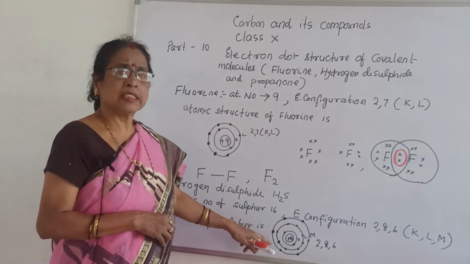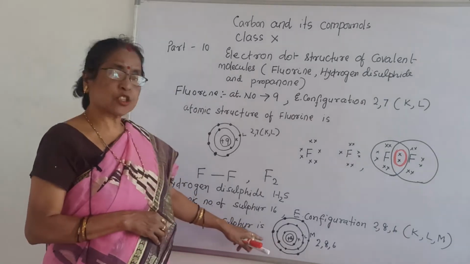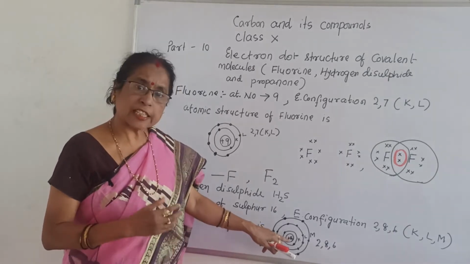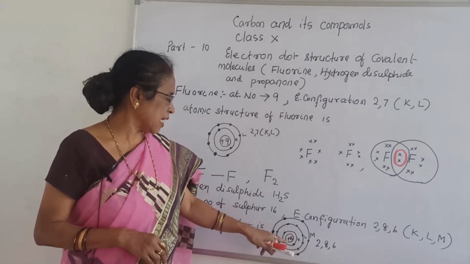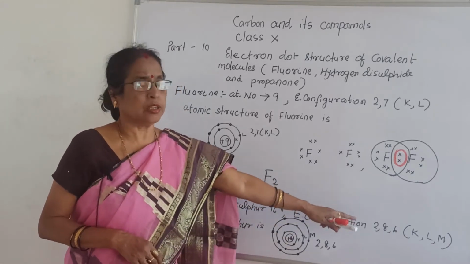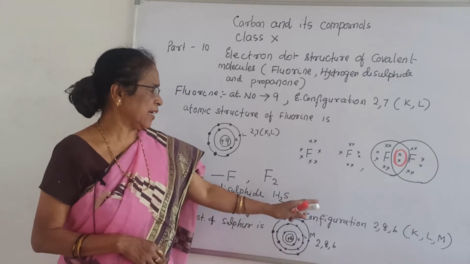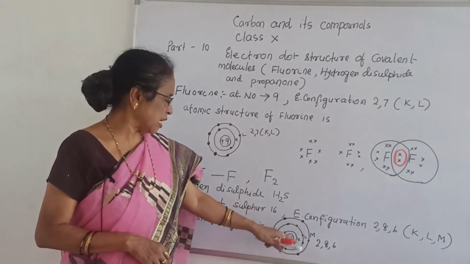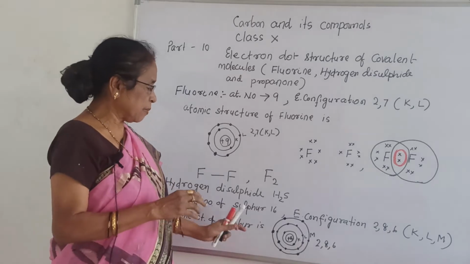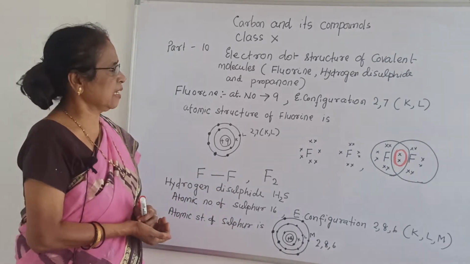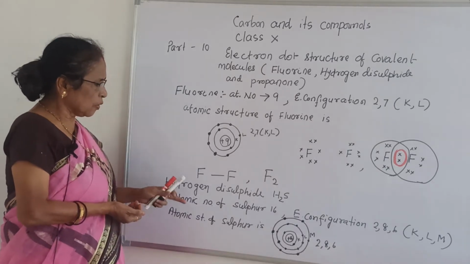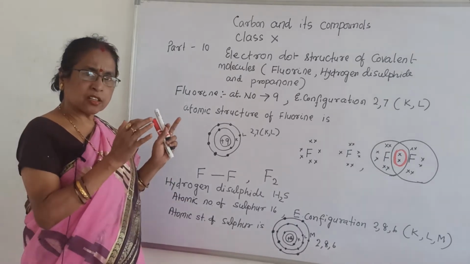So see, this is the atomic structure of sulfur. Plus 16 means the number of protons in the nucleus. The K cell has 2 electrons, the L cell has 8 electrons, the M cell has 6 electrons. That means 2, 8, 6. Total how many electrons? 16 electrons, correct.